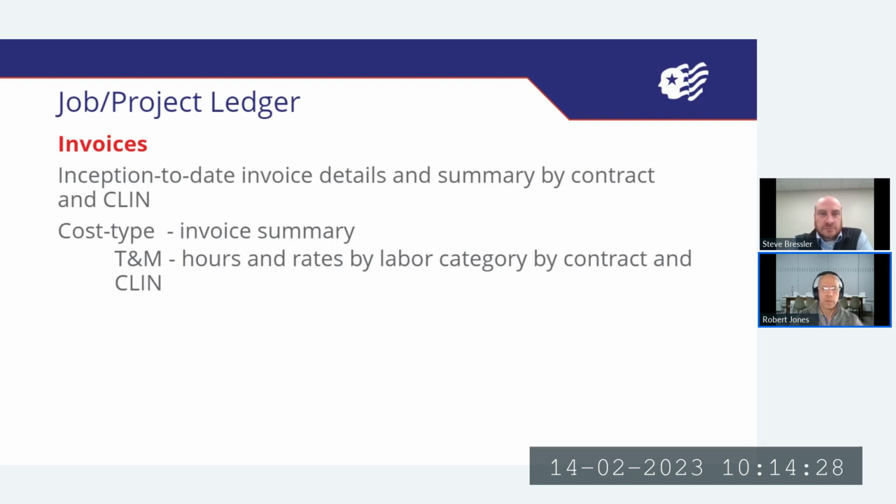So it's very important that we have the invoice data, because that's also what the government is going to be looking at. You have submitted an invoice with those hours, with those quantities and rates by contract. That's what they have in their system, and that's what they're going to use to validate this.